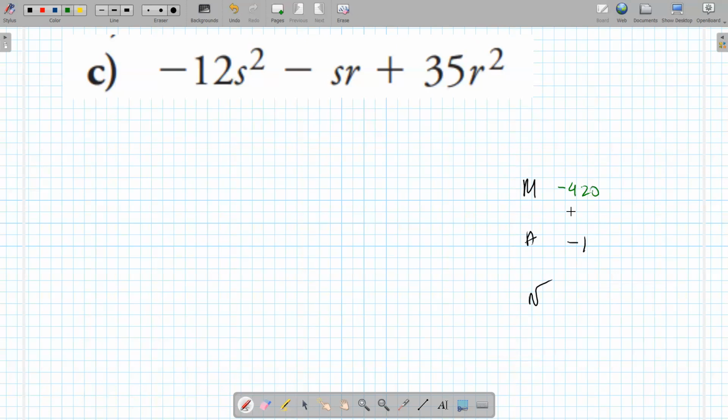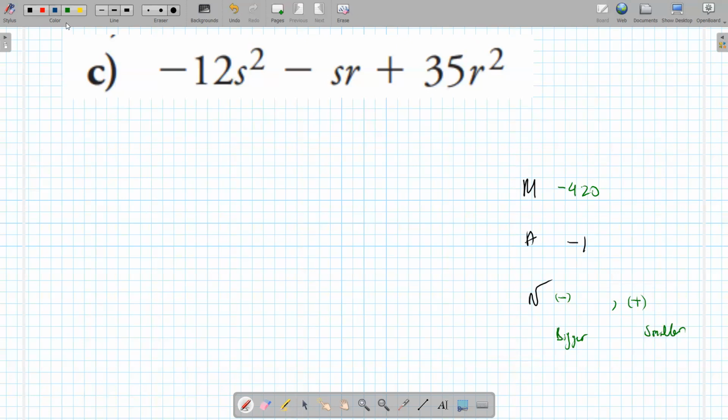Now that's a big number, right? So I'm just going to start somewhere. We know it adds up to a negative number. That means our bigger number is going to be negative, okay? And the other number must be positive because it multiplies to a negative number. So this number is going to be smaller.